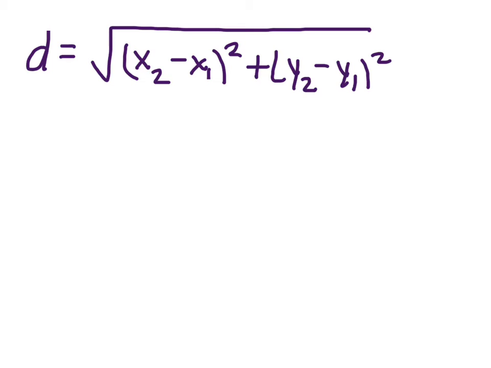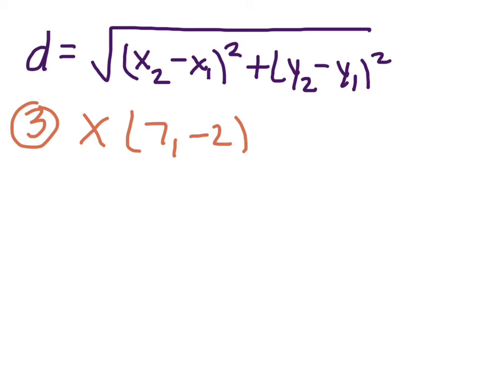If you look at number 3 in this section of your notes, we'll do number 3 together. You're given that x is 7, -2, and y is -3, 3. First, I like to label that this is my first x, so it's my x1. This is my first y, so it's my y1.